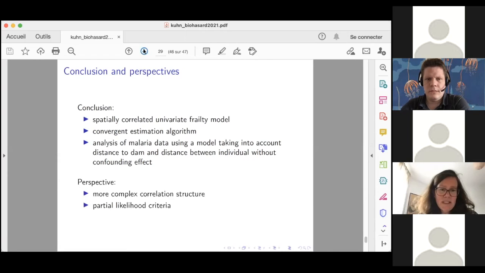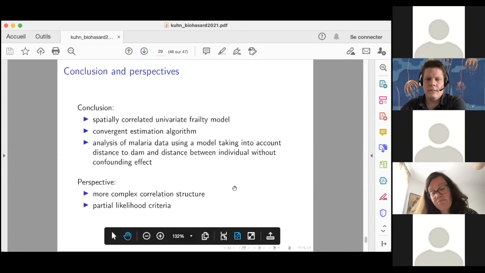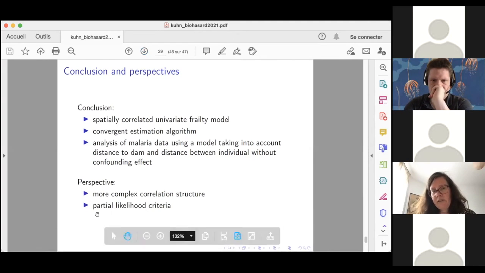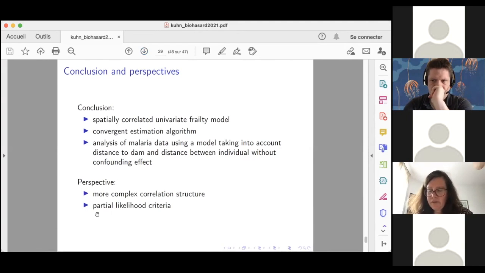So the perspectives: we can take into account more complex correlation structures in some examples. It would also be interesting to consider partial likelihood estimation. This is done in the Cox model. You consider the partial likelihood where you profile the likelihood on the baseline lambda 0. And so your estimation does not depend on the modelization you choose for the baseline.